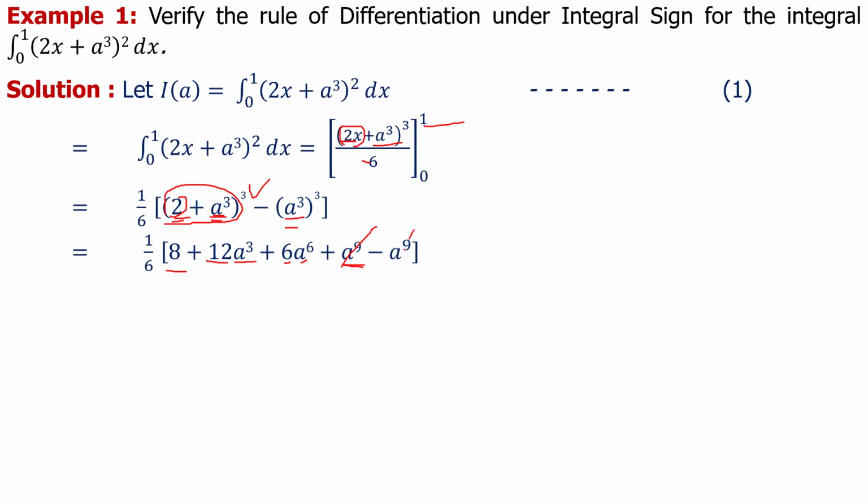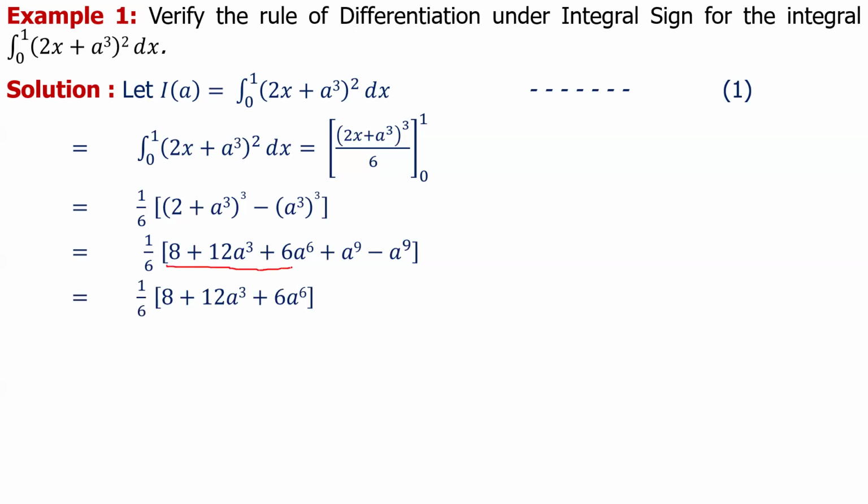So a to the power 9 cancels, and we have 8 plus 12a cube plus 6a to the power 6.